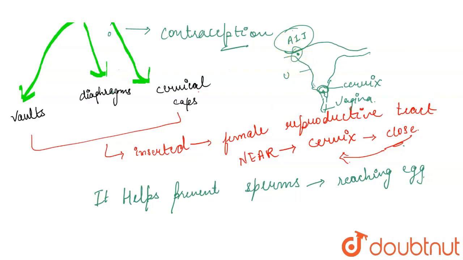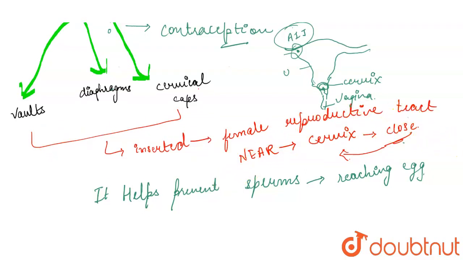So to prevent this fertilization, the cervix is covered by these barrier methods, that are vaults, diaphragms, and cervical caps, and they prevent the entry of sperms and help prevent the sperms from reaching the egg.